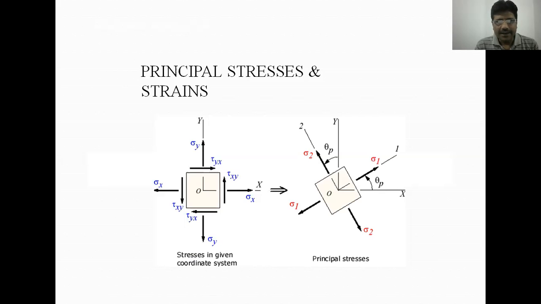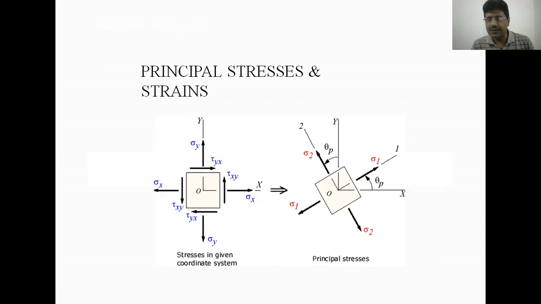So these were the direct stresses. Another stress we talked about is shear stress. Shear stresses are the stresses that act along a plane. For example, we have this object. If a force is acting like this and another force is acting like this, these two will generate a shear stress.